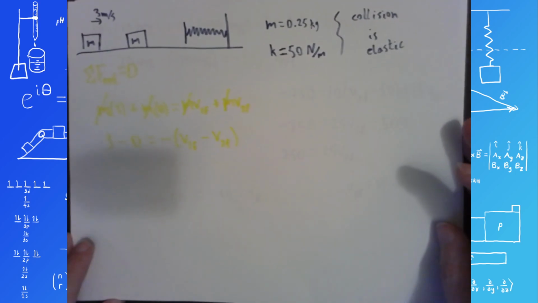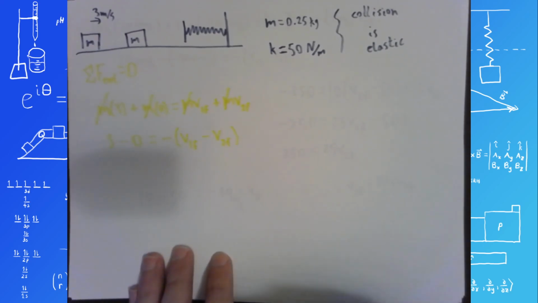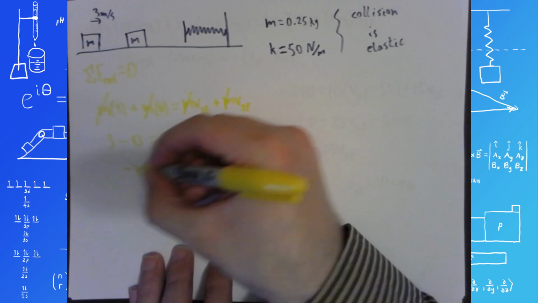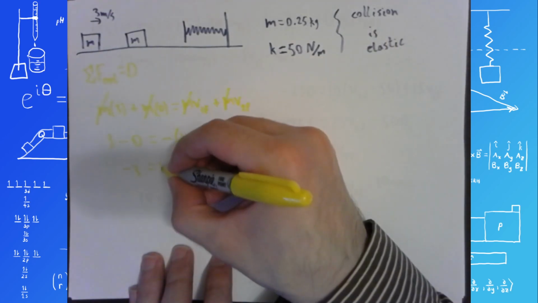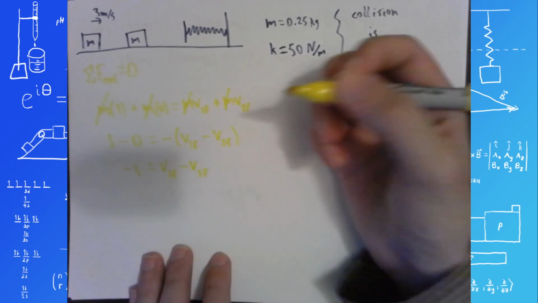Or in other words, if I move the negative over to the left-hand side, negative 3 equals V1 final minus V2 final.